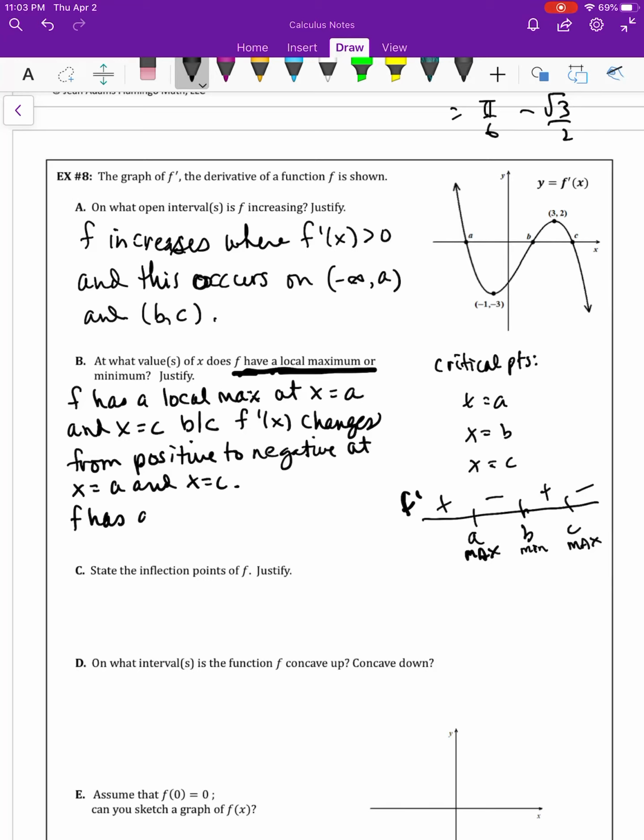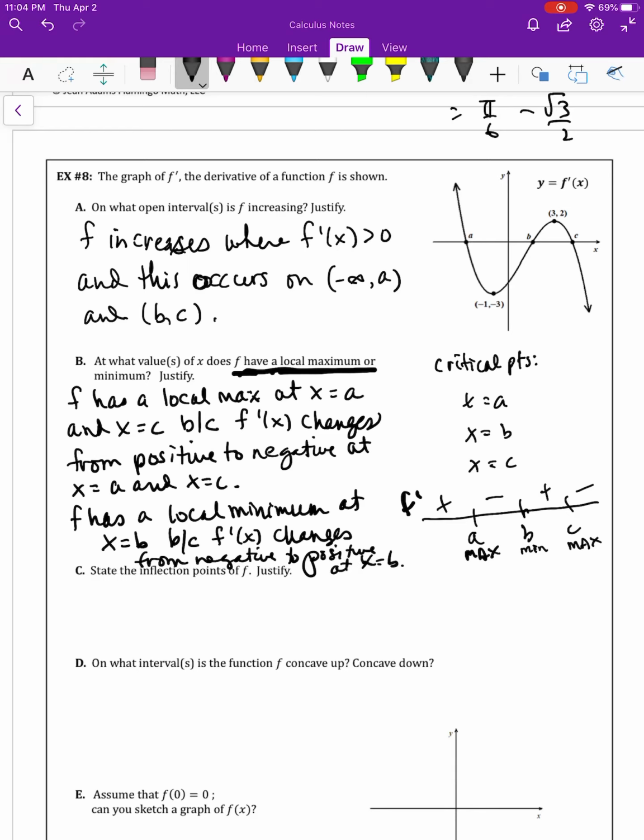And then we'll say f has a local minimum at x equals b, because f prime of x changes from negative to positive at x equals b.